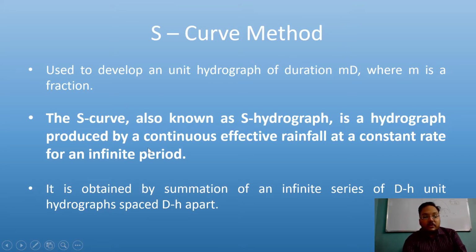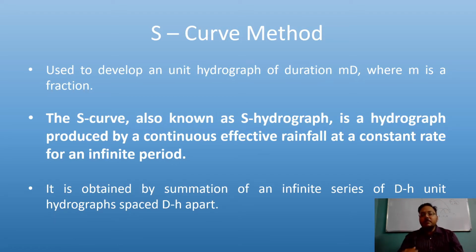Next, to define the S-curve: the S-curve, also known as the S-hydrograph, is a hydrograph produced by a continuous effective rainfall at a constant rate for an infinite period. So if we study the S-hydrograph, you will know that it would be a summation of a continuous and effective rainfall.